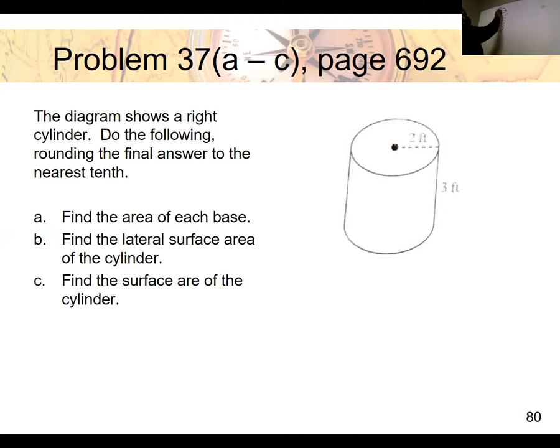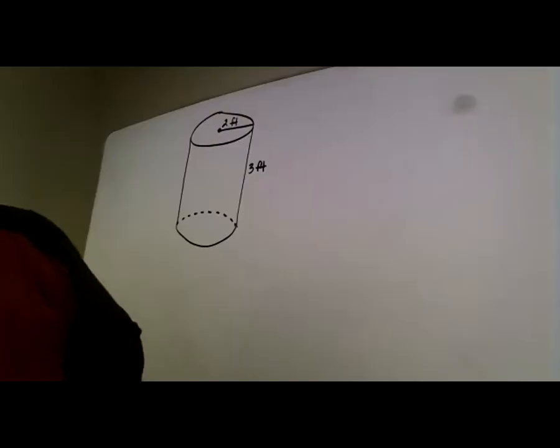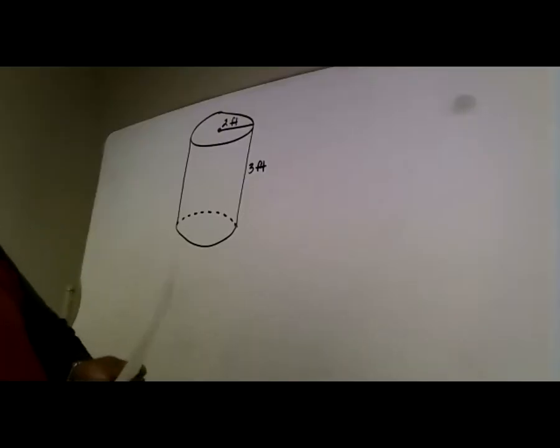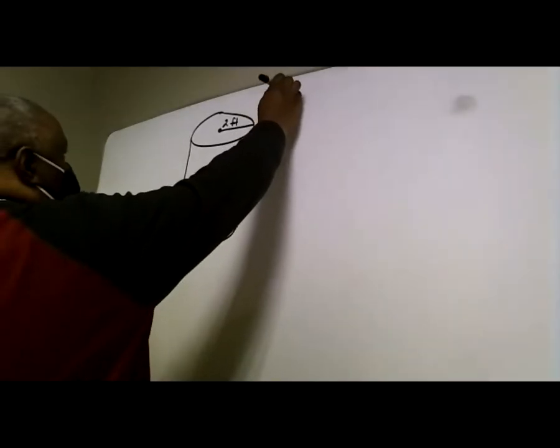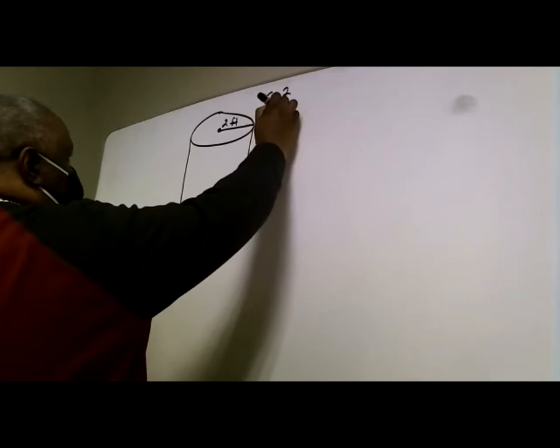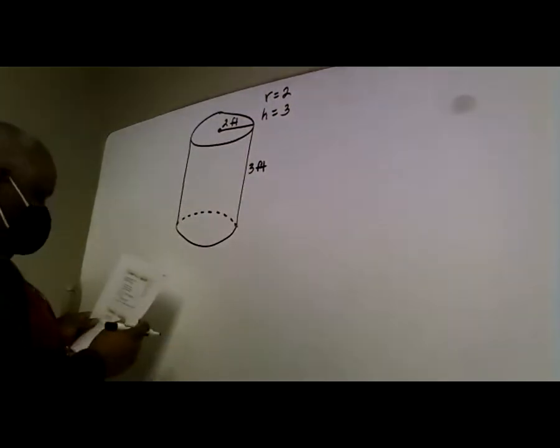Okay. This is 2 feet, the radius, and this height is 3 feet. That's the height. And here we're to find the area of each base as part A. So here we have a radius, that's going to be R, a 2, the height is 3.